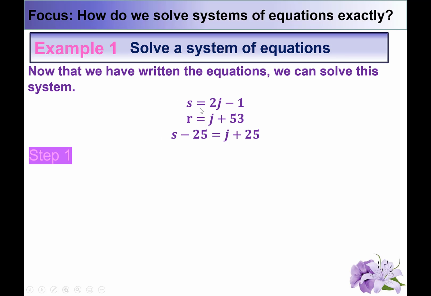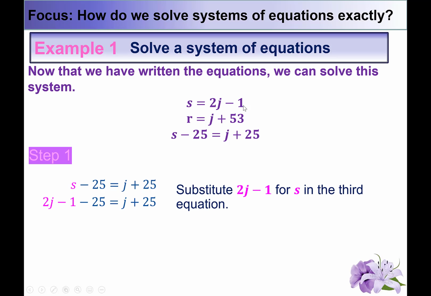Since the first equation is already solved for S, I could use what S equals in order to solve for J. So we can replace the S in the third equation with what S equals in the first equation, since they're equivalent.